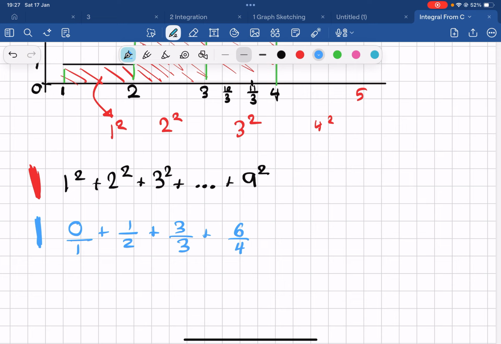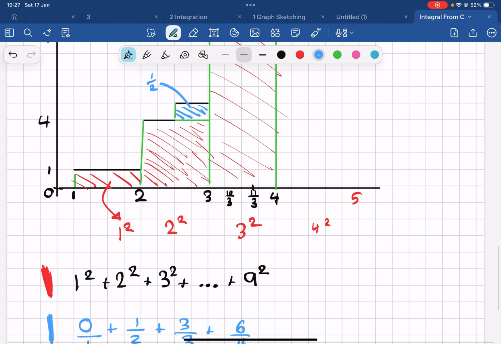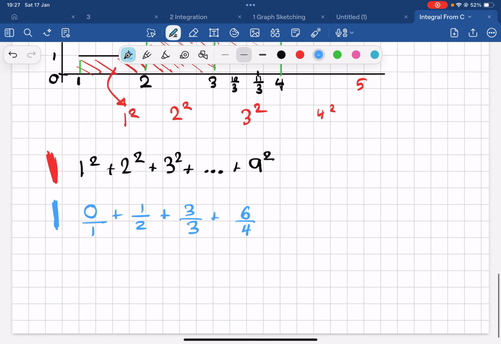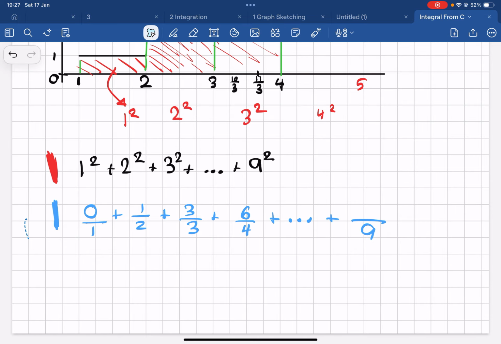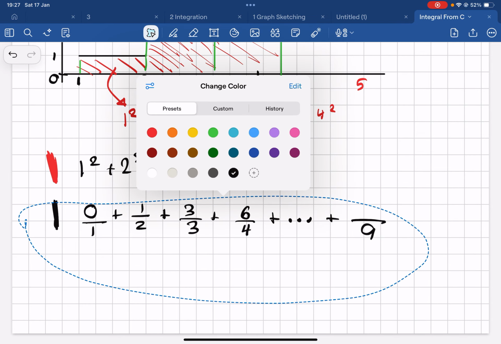And now, since we've got 9 different boxes, 1 to 2, 2 to 3, 3 to 4, this goes up until over 9. Alright, fine, so we know that the denominator is just n.